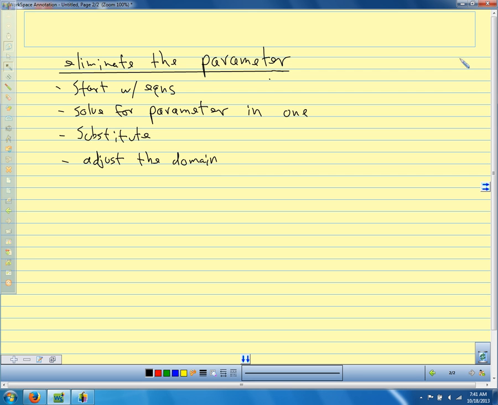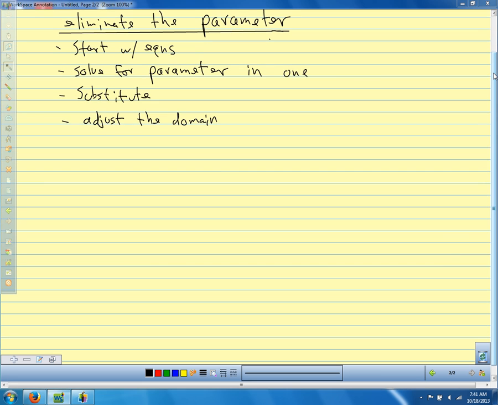So let's look at an example here. In this particular example, we want to eliminate the parameter and we want to sketch the graph.